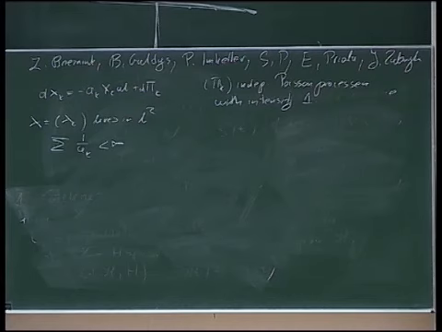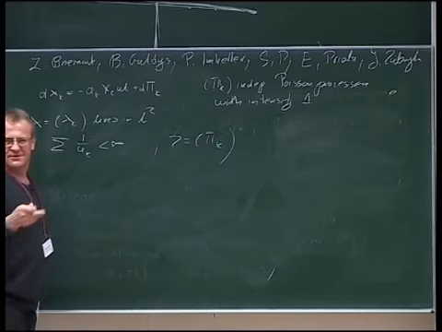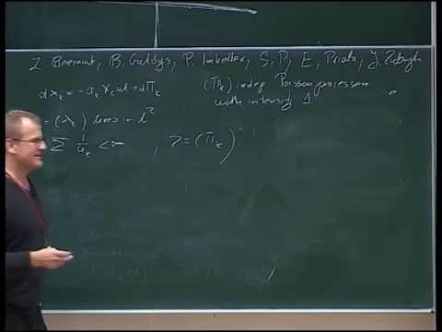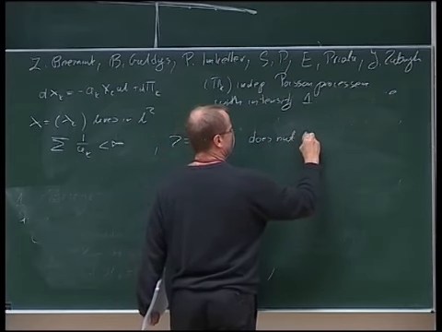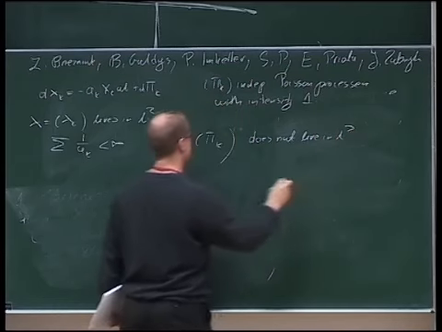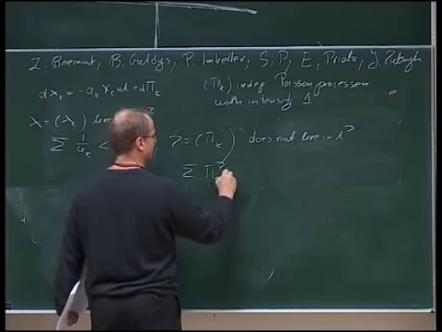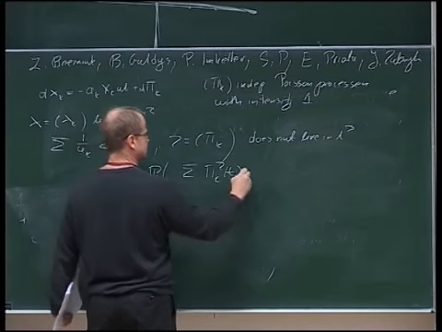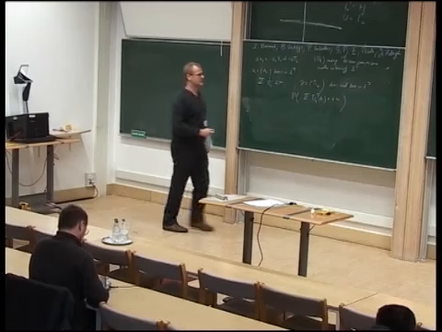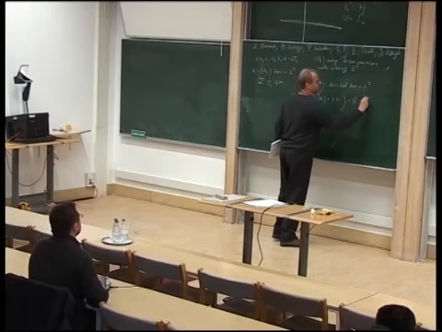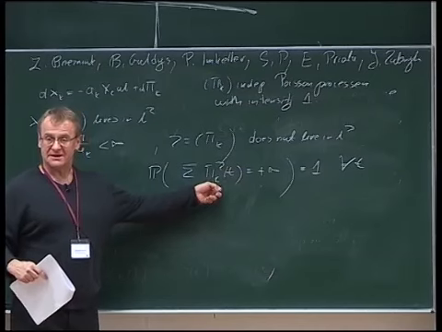Of course, the process Z cannot live in L2. Right, because we have the sum of ak square times t, and the probability that this is plus infinity is 1, for any t, because there are infinitely many ones in the sequence.